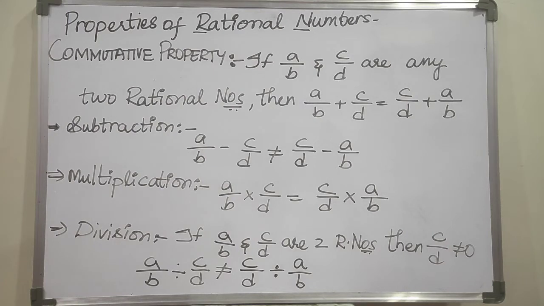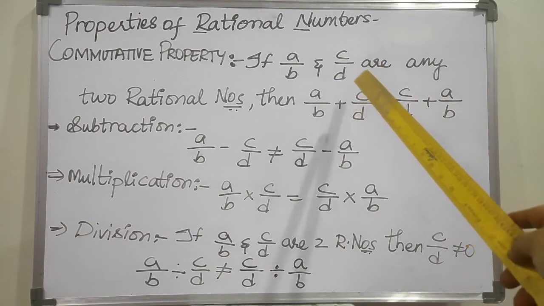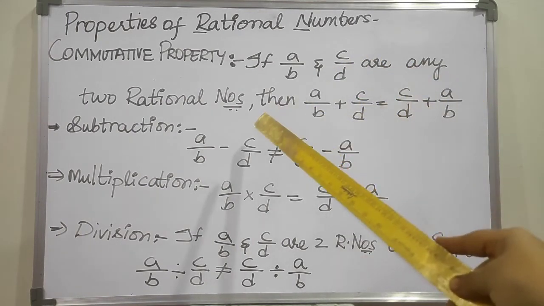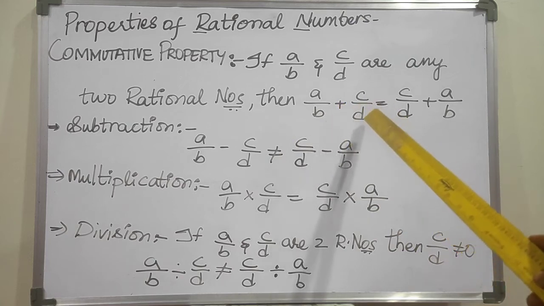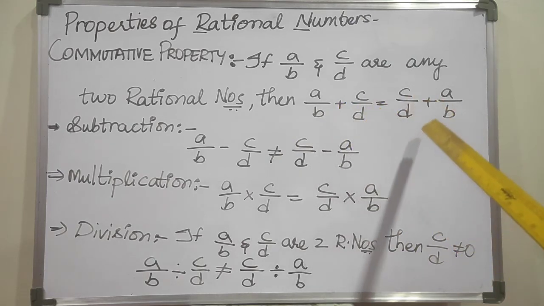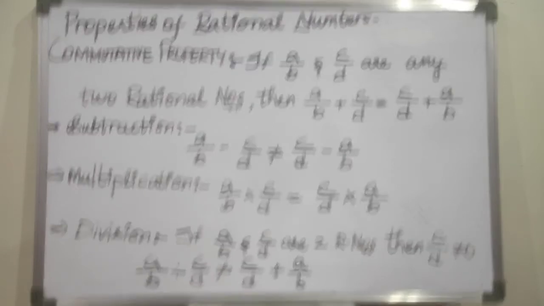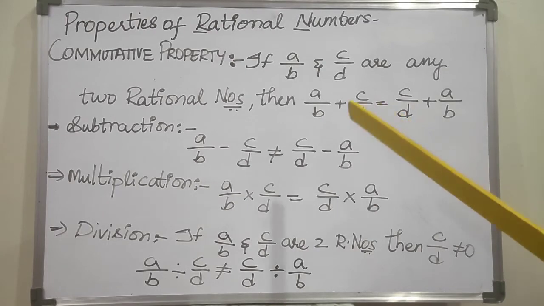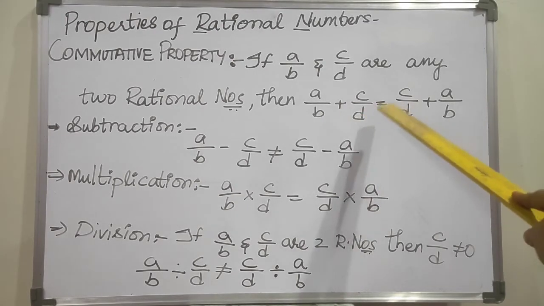If a by b and c by d are any two rational numbers, then a by b plus c by d is equal to c by d plus a by b. This is the rule of commutative property under addition; the rational numbers are commutative under addition.